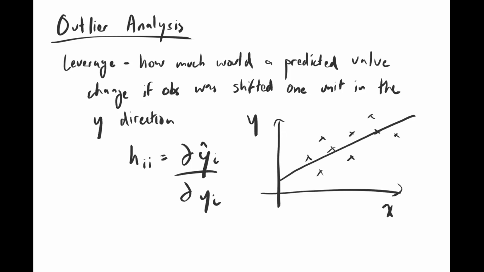What the leverage does is shift an individual point from here to here, and then observe how your line changes. This is a ratio, which means it's always between 0 and 1.